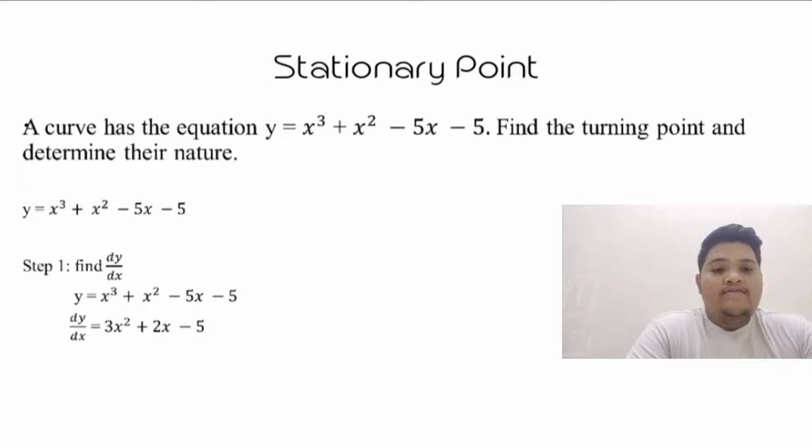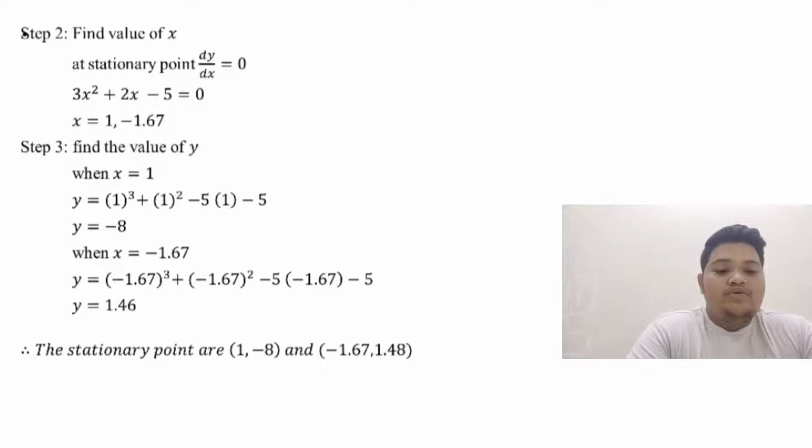Step 1, find dy per dx. y equals x power 3 plus x power 2 minus 5x minus 5. After that, dy per dx equals 3x power 2 plus 2x minus 5.